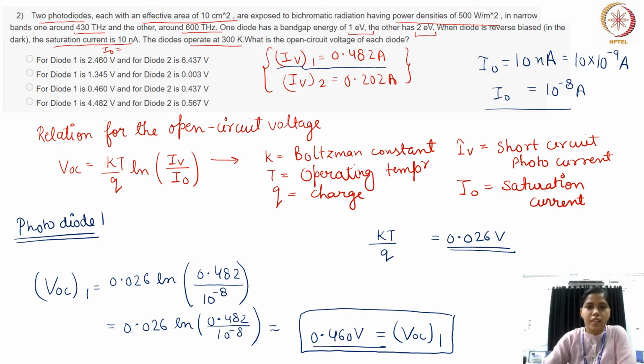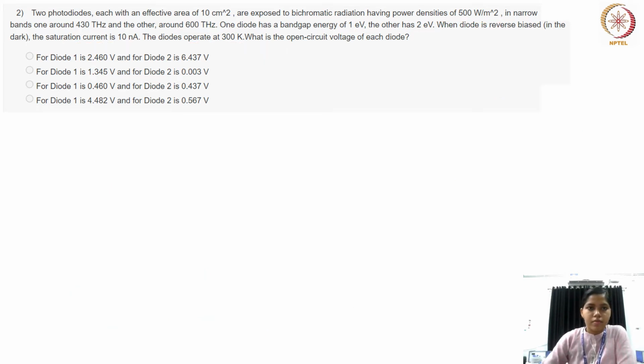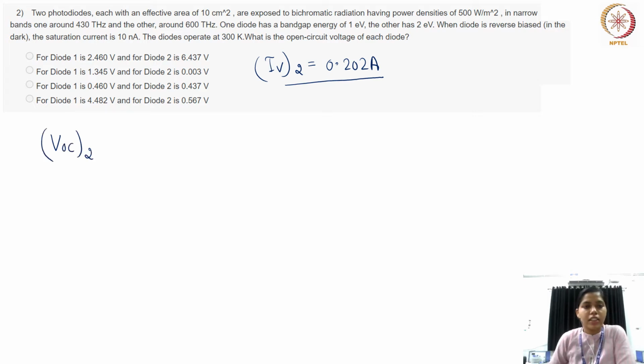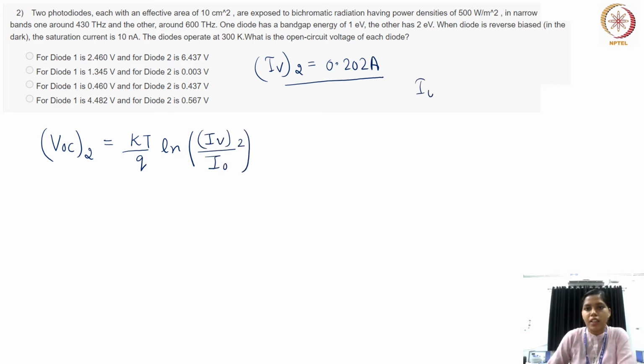Okay. We know that the short circuit photocurrent for the second photodiode was 0.202 ampere. Now we'll calculate the open circuit voltage for the second photodiode, VOC2. That will again be KT divided by Q ln of IV2 divided by I naught. I naught was 10 nanoampere, so that is 10 raised to the power minus 8 ampere.